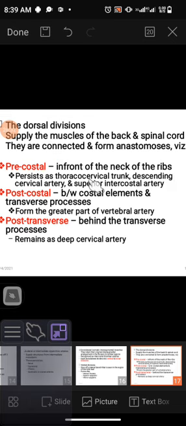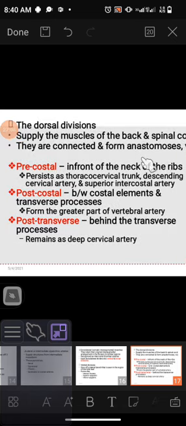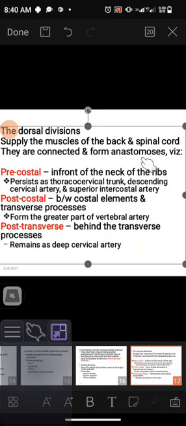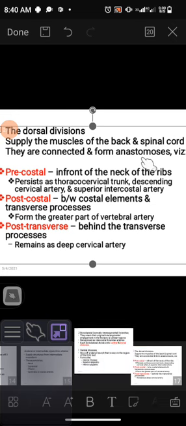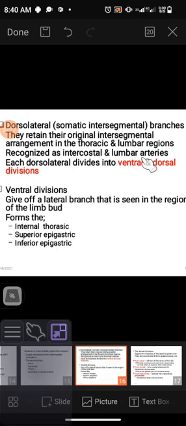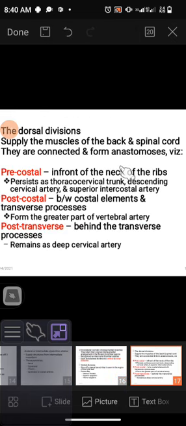And superior intercostal artery. The superior intercostal artery is arising from the dorsal aorta. It's arising, sorry. Okay. The superior intercostal artery is arising from the subclavian artery.